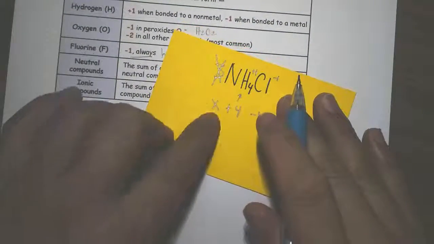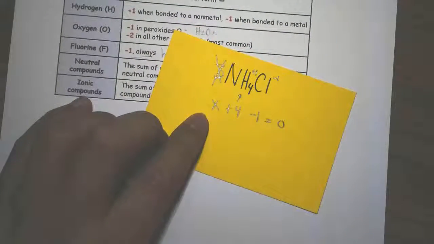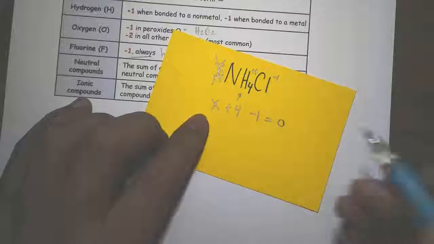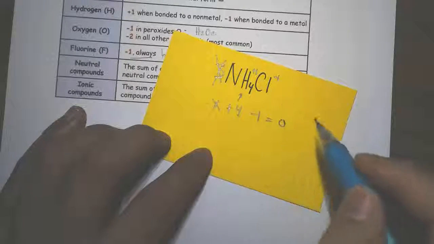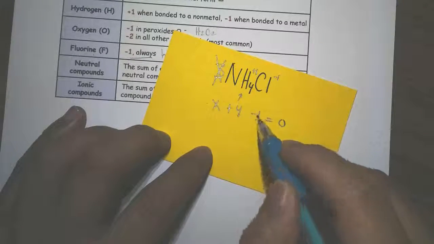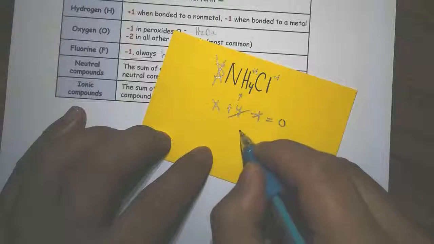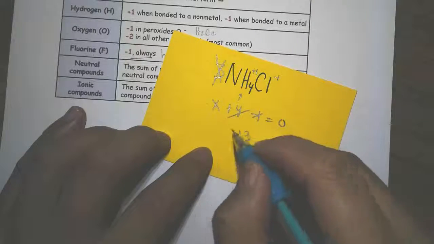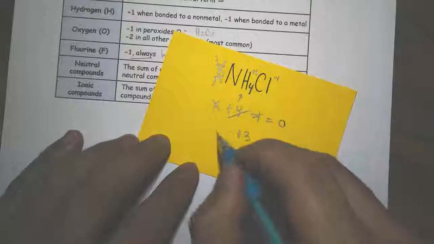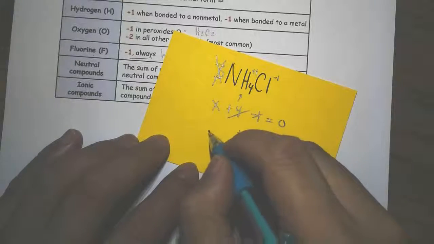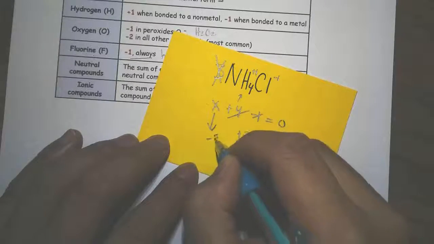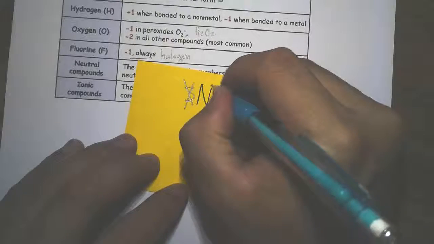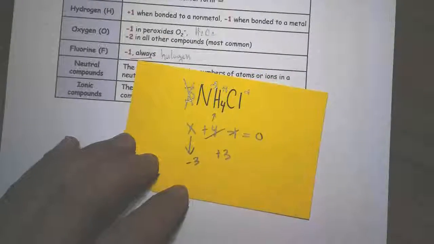Here we have +4 and -1, which combine to give us +3. So what is X going to be? Of course X is going to be -3, because -3 plus 3 gives us 0. So our nitrogen has a -3.